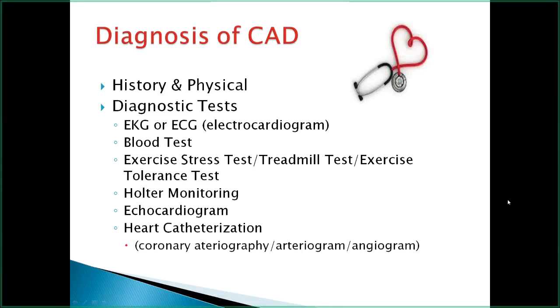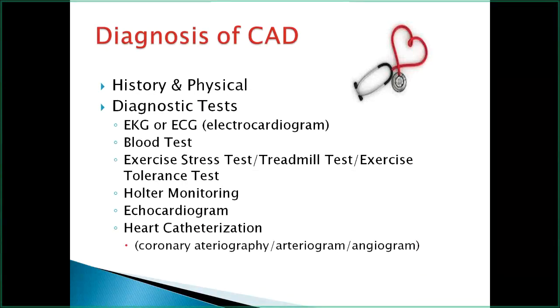Exercise stress test, treadmill test, or exercise tolerance tests. It's all the same test, just different names. This is going to show how your heart deals with the extra demand of exertion, okay? Is your heart able to accommodate that demand? If so, how well can it accommodate that demand?